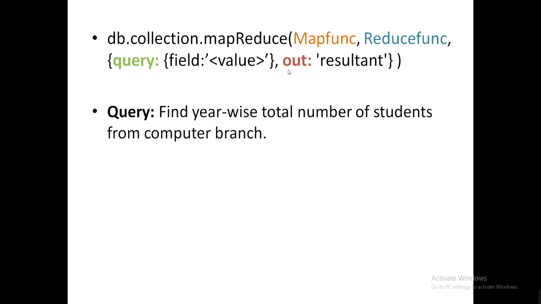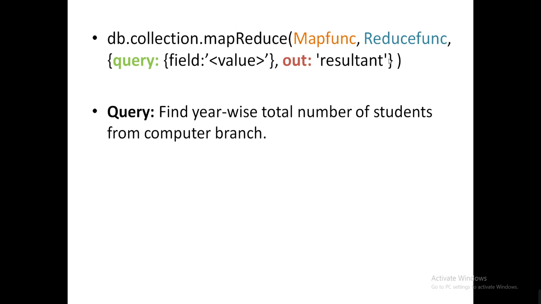The second attribute of the third parameter of the MapReduce function is the out field. Whatever is the output of the MapReduce function will also be a certain set of documents.